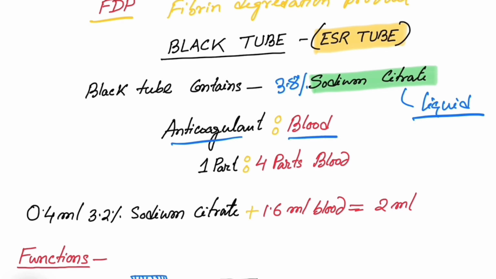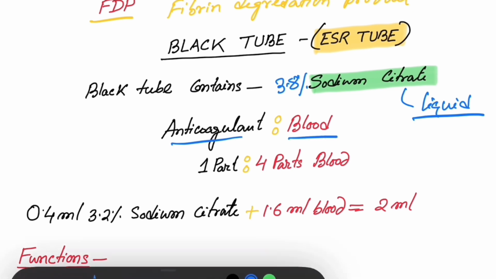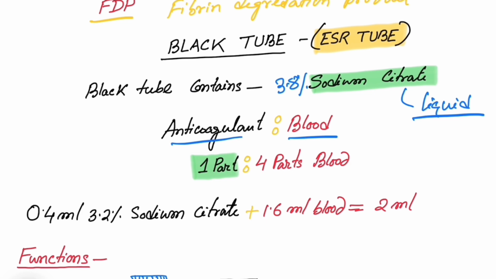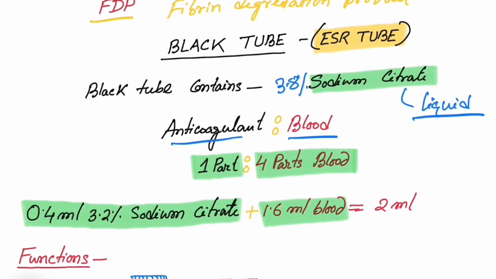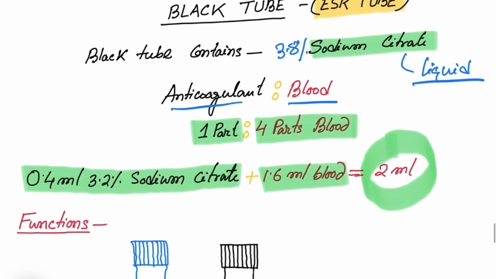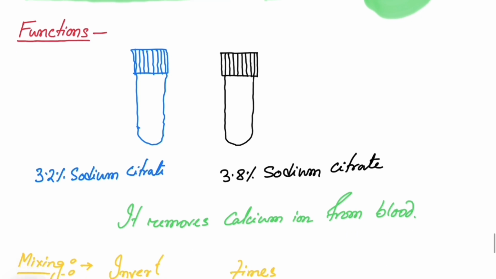And what is the ratio of anticoagulant and blood? 1 part of sodium citrate is mixed with 4 parts of blood. 0.4 ml of 3.8% sodium citrate is already there within the tube, and we need to add 1.6 ml of blood, with a final volume of 2 ml in the tube.